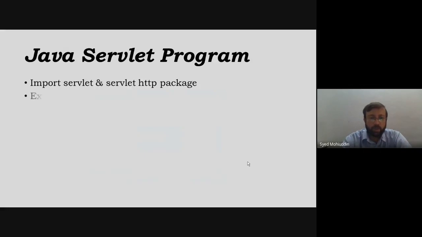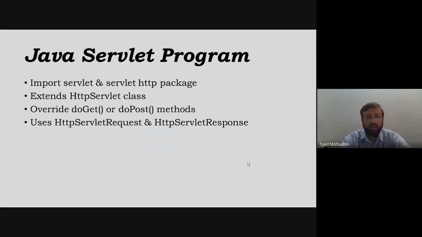So after overriding, we have to use HttpServletRequest and HttpServletResponse to handle requests and responses. Then the response cannot be sent directly because there is no output directly on the screen. It has to be sent through as a response, which will be received by the client, and then the client displays the result using a web browser on its screen.